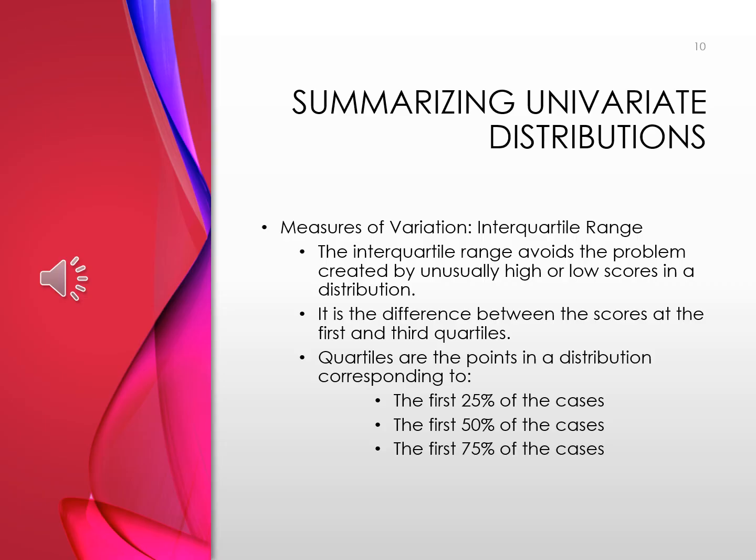Then there's the interquartile range. This avoids the problem that's created by unusually high or low scores in a distribution. The interquartile range is the distance between the end of the first quartile and the beginning of the third quartile. It's the difference between the scores at the end of the first and third quartiles.